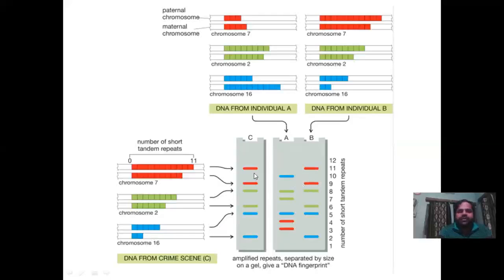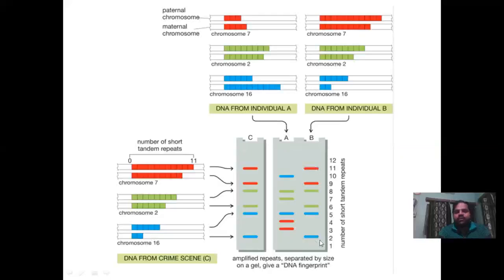Suppose this is the sample sequence or query sequence. We have run this DNA in this gel, and this pattern came, and we took two different DNA sequences to identify the sample matching. We used gel electrophoresis, so we can see here the DNA pattern based on size.